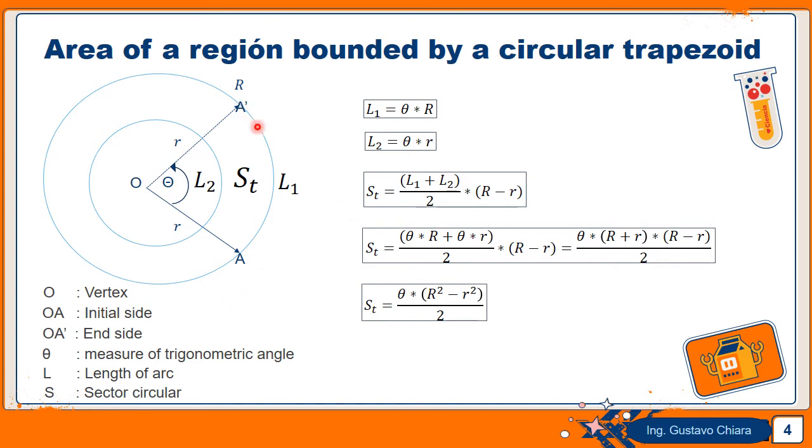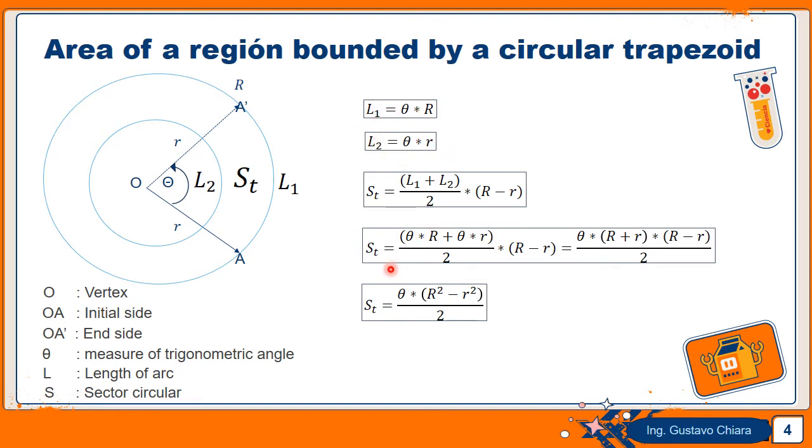So that is equal to the first side plus second side, the measure obviously, divided by 2 multiply the height. So in the same way, the area of this region is equal to L1 plus L2, the length of arc, divided by 2, multiply the height. In this case, the height is R minus r, obviously.